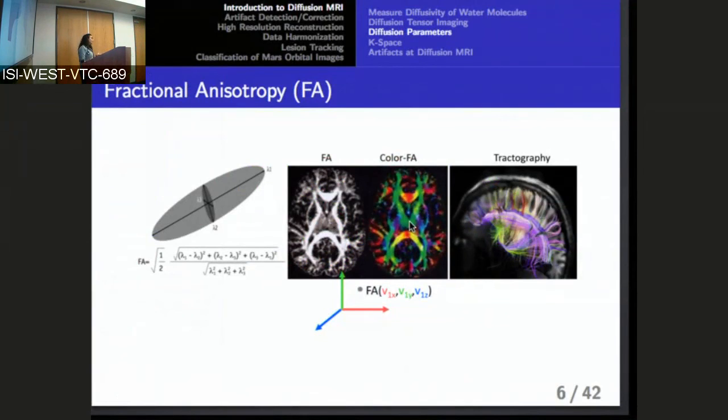And this is the color FA representation, where green, red, blue encode the direction of the eigenvector corresponding to the maximum eigenvalue. We can do lots of cool stuff using these tensors, for example, tractography. By tractography, we can find the connectivity between different parts of our brain.